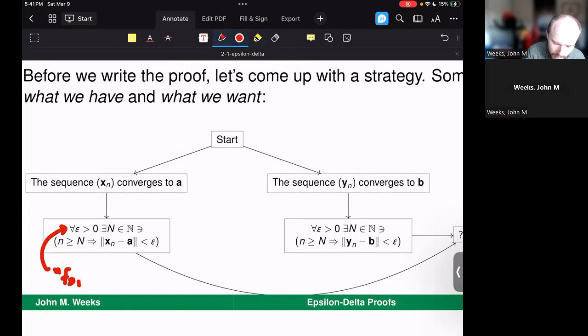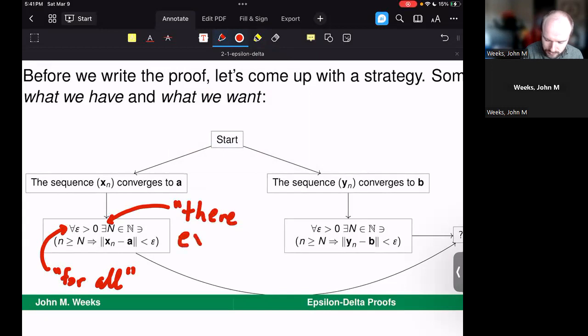This says for all, if I'm saying it in English. For all epsilon greater than 0, this backwards E is going to be there exists a value of capital N inside the natural numbers. Here, this backwards is inside of symbol is short for such that.